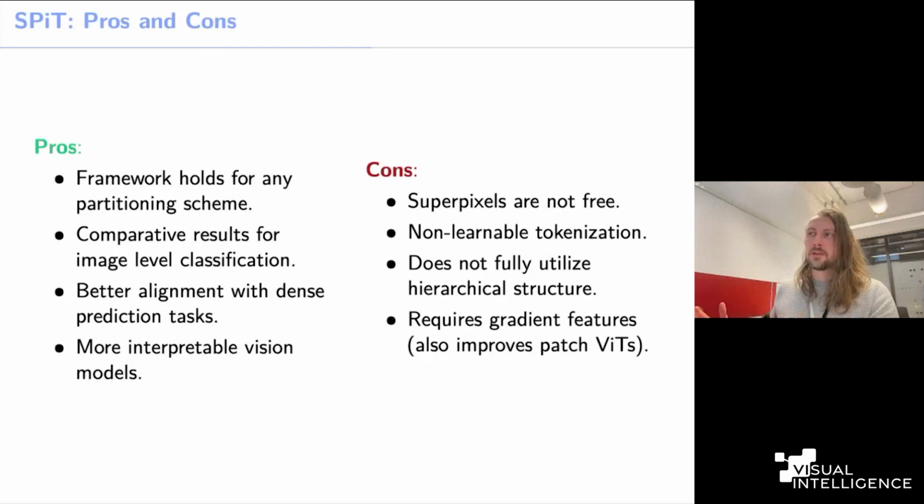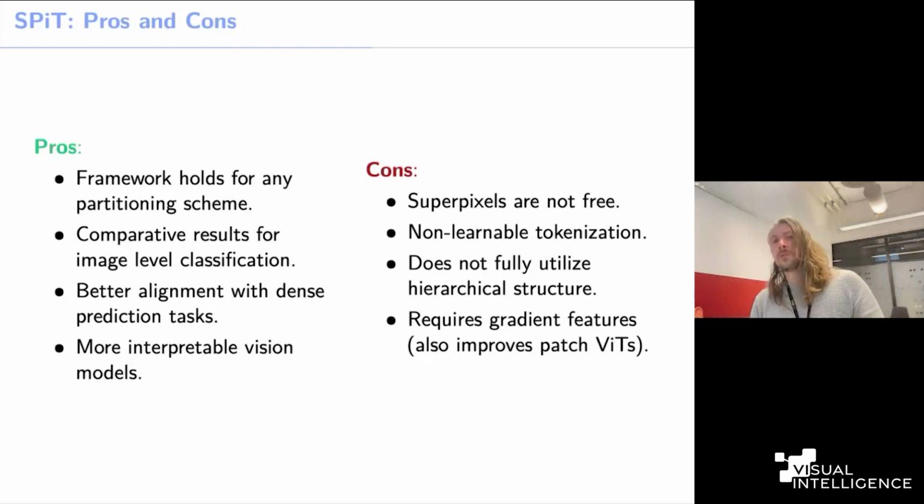We also get comparable results for image level classification, and we show that we get better alignment with dense prediction tasks. In addition, the saliency maps produced by attention maps correspond much better with explainability methods, or you can use these explainability methods on the tokenized representations themselves, which improves the resolution of your representations.